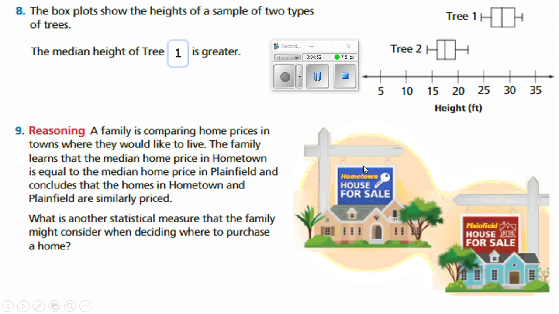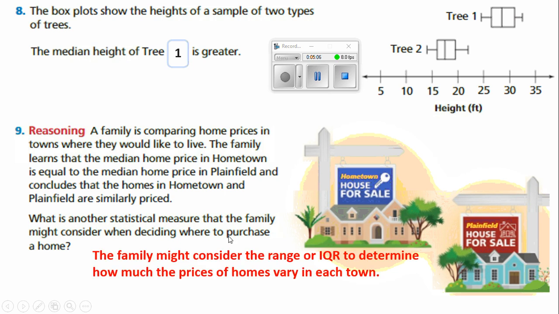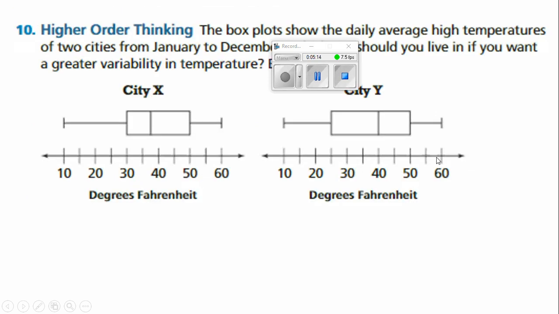Well, it's great that the median is going to be the same, but remember, if there's a bigger range in price, let's say in Hometown, than there is in Plainfield, you might find a home that they're looking for cheaper in Hometown. So the family might consider the range or the interquartile range to determine how much the price of homes vary in each town.